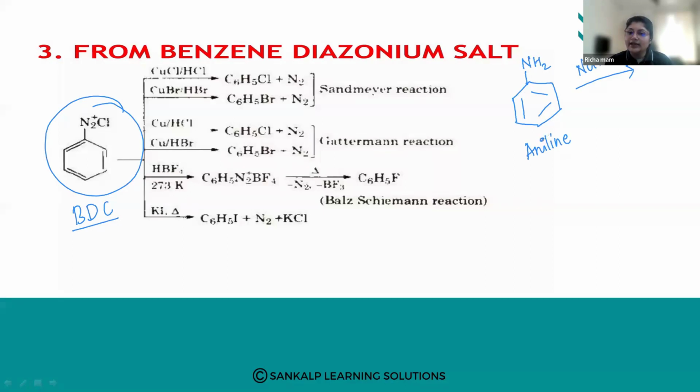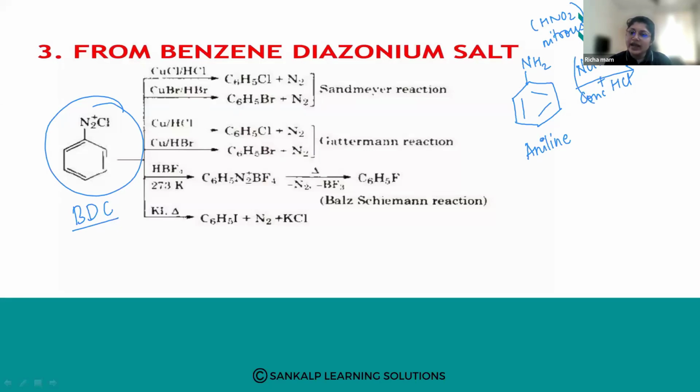Here aniline is treated with sodium nitrite and concentrated HCl. What is produced? HNO2 is produced. That is called nitrous acid. NaNO2 is sodium nitrite, plus concentrated HCl.